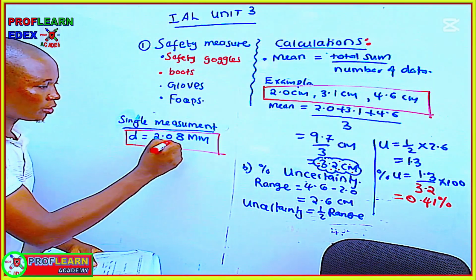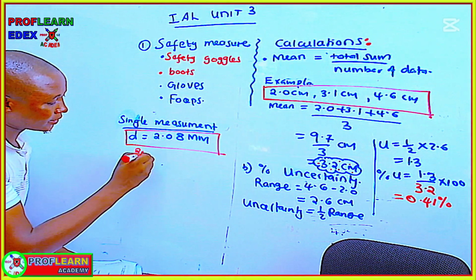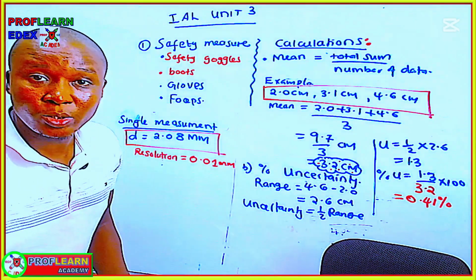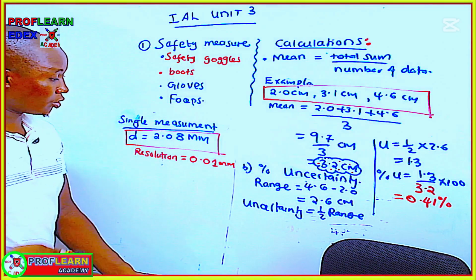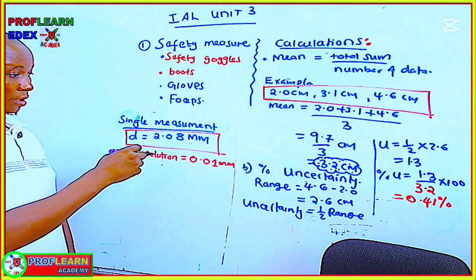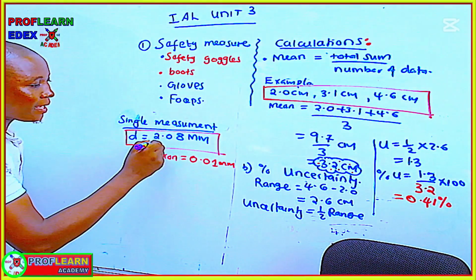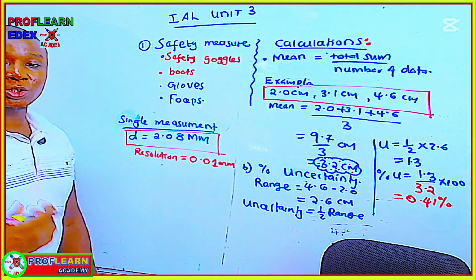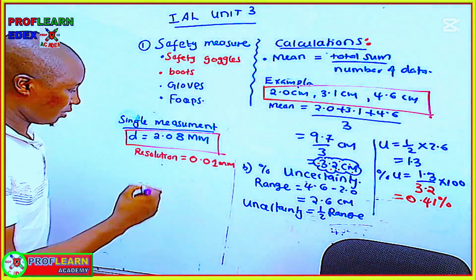The resolution of this instrument is the least unit that the instrument used here can measure. This could be a micrometer screw gauge, because it's in millimeters and it's also in 2 decimal places.